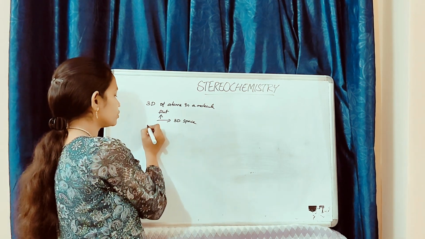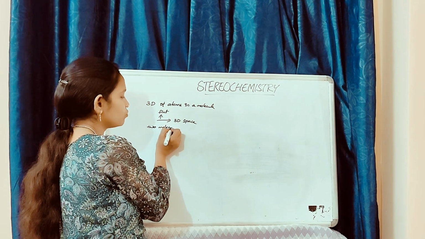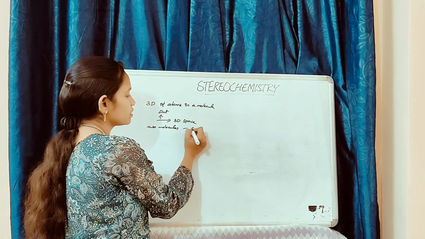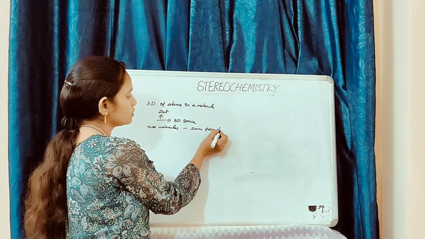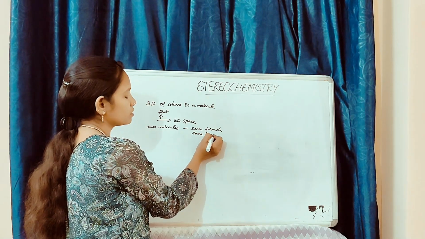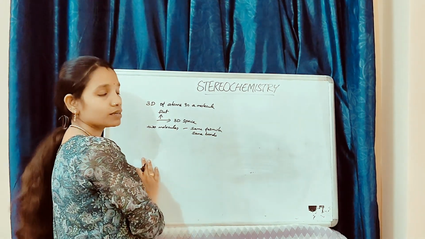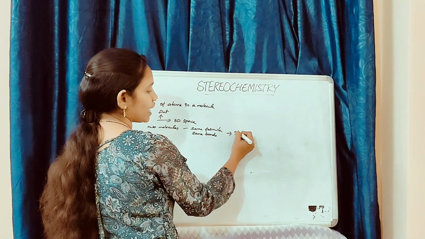If you take two molecules having the same molecular formula and even the same bonds, they still act differently in our body. Why do they still act differently?